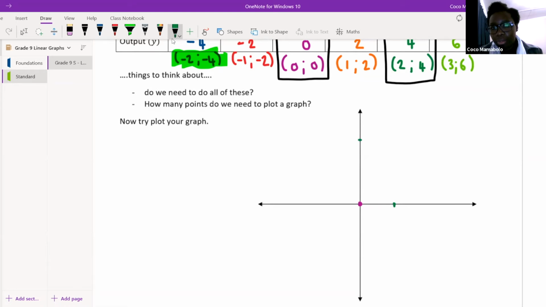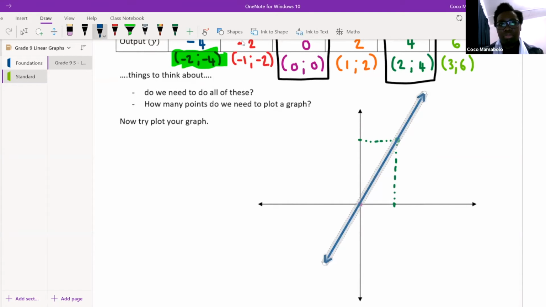And then that's where they meet. Then I'm going to take my ruler and draw a straight line between those 2 points. Just like that. There we go.